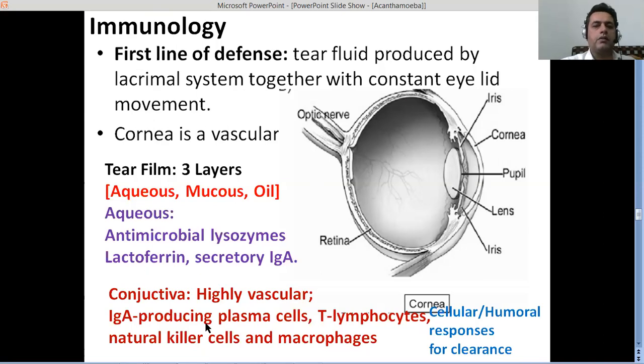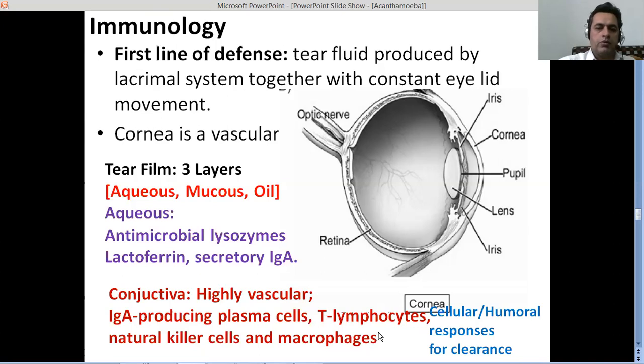Conjunctiva is highly vascular, and immunoglobulin A producing plasma cells are also there in the conjunctiva.